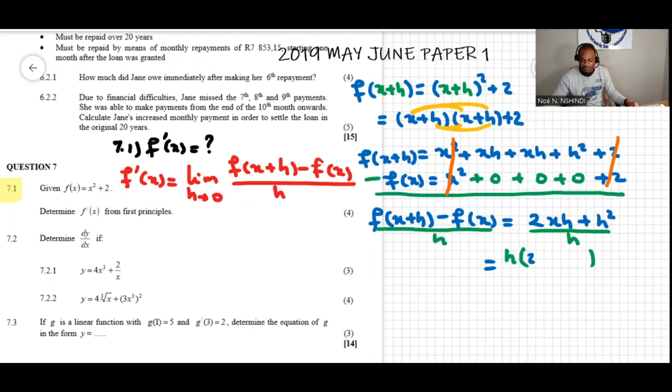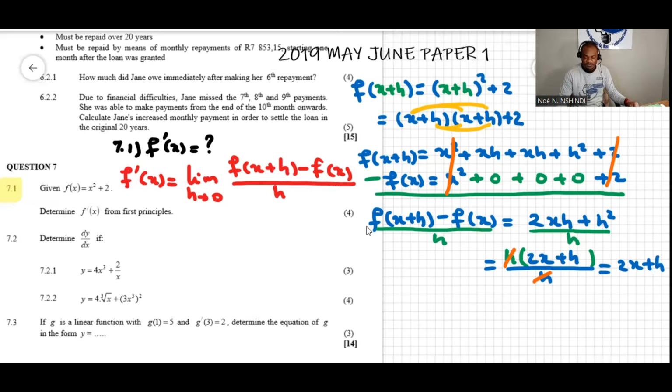So that's going to be h times 2x plus h over h, like that. And then we can simplify the h, and we are left with 2x plus h. Then we can put in the limit.